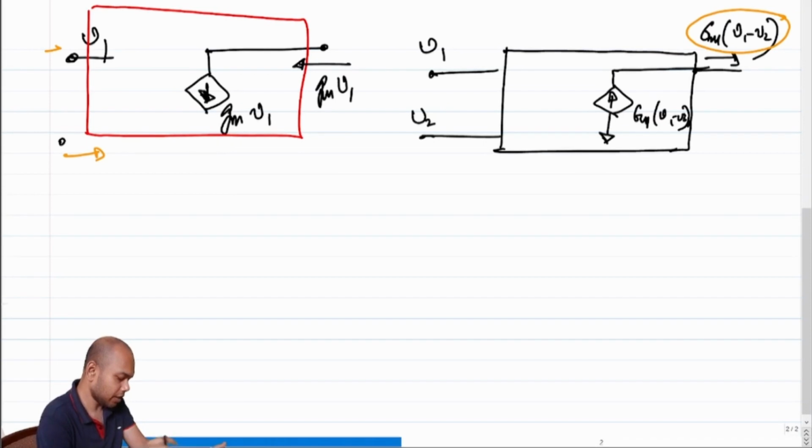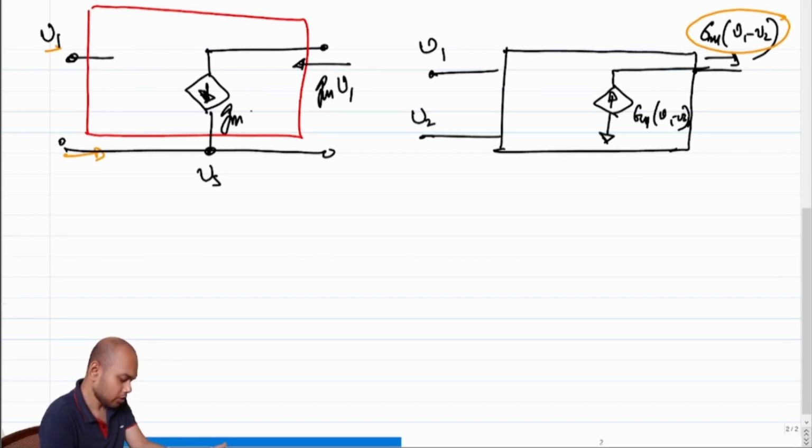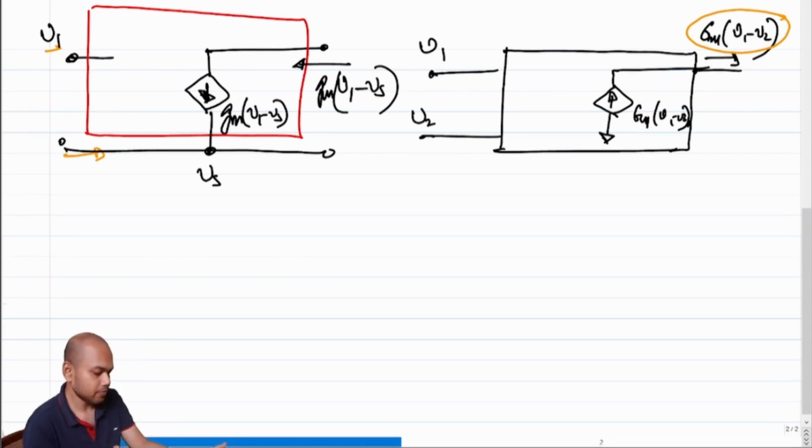Okay, so if I have to make it more explicit, I should say it this way. If this is Vs and this is V1, then this current is Gm (V1 minus Vs), and note that this current is flowing into the source. In a differential amplifier, the output current is still proportional to V1 and V2, just like in a common source amplifier the current is proportional to the difference between V1 and Vs. However, this current is not flowing into the source.